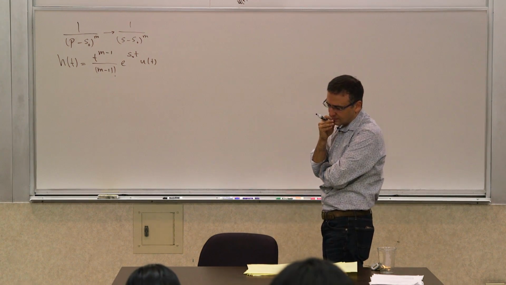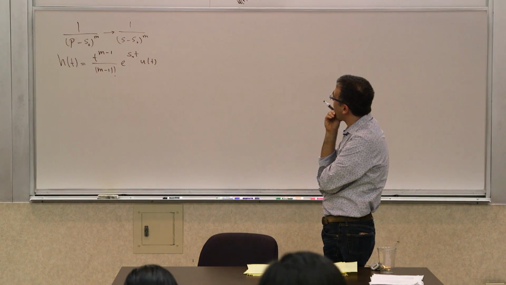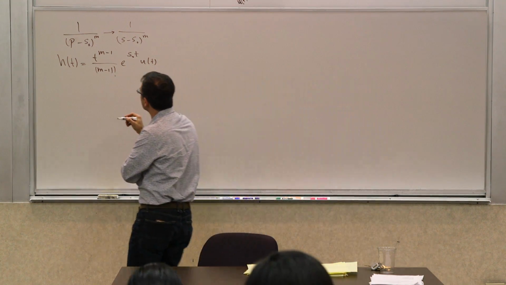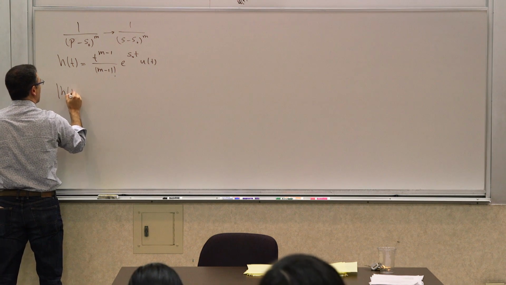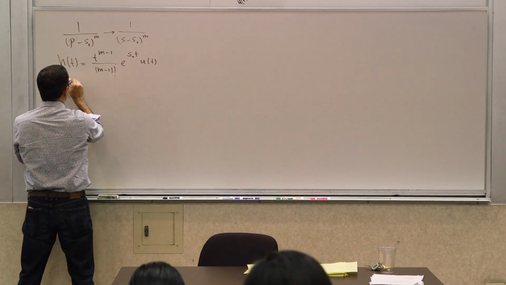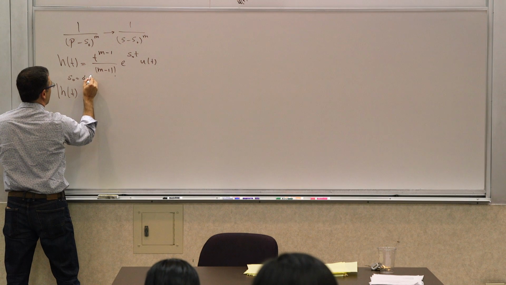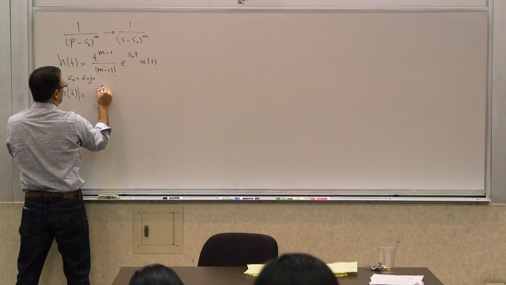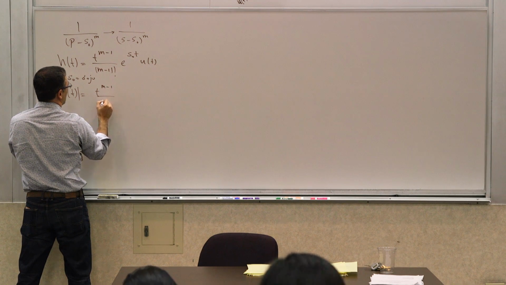Now, how about this system? For what values is it stable and what unstable? So let's look at the magnitude of h of t, and let's write s0 as sigma plus j omega. If you do that, then this becomes basically t to the m minus 1.